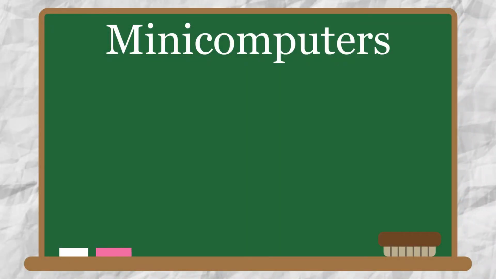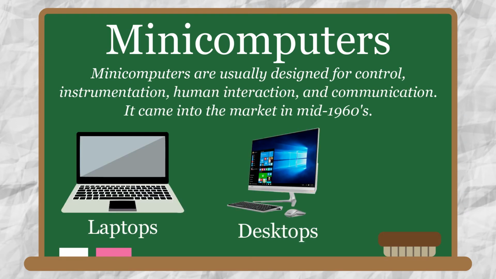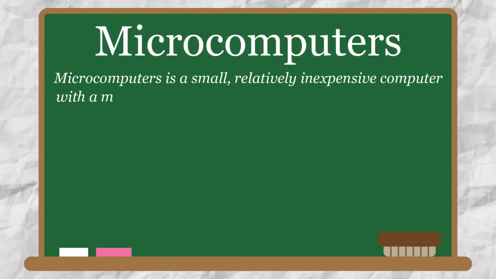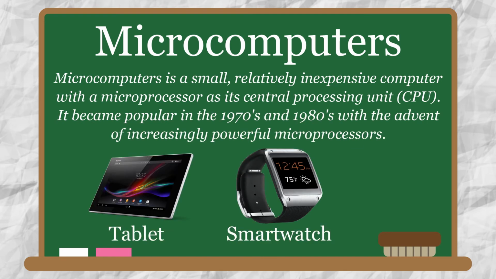Minicomputers. Minicomputers are usually designed for control, instrumentation, human interactions, and communication. They came into the market in the mid-1960s. Microcomputers. A microcomputer is a small, relatively inexpensive computer with a microprocessor as its central processing unit, CPU.